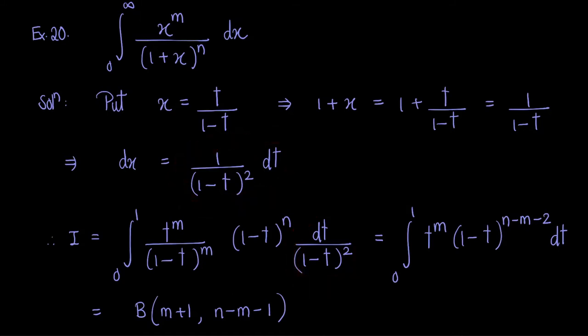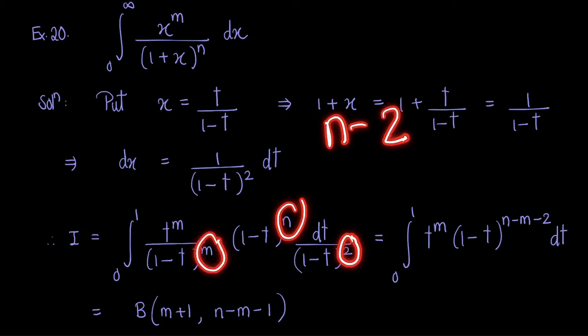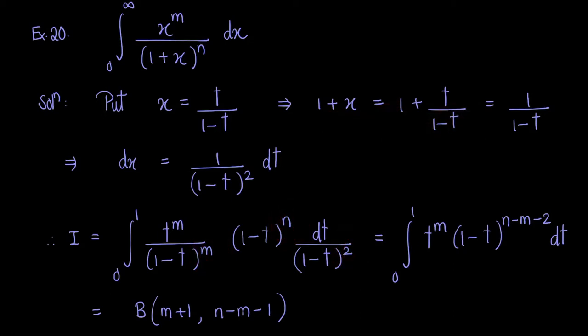So this integral becomes integration 0 to 1. The power of t here is m, and the power of 1 minus t will be, here the power is n, here the power is minus 2, and here the power is minus m. So we will have integration 0 to 1 t raised to m (1 minus t) raised to n minus m minus 2 dt.